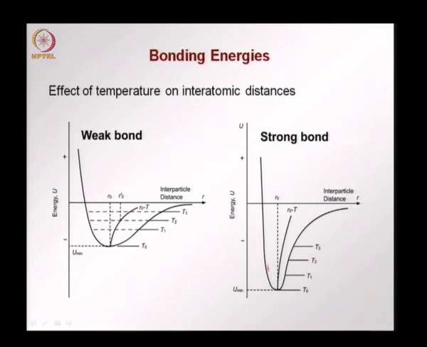The well is almost symmetric, and therefore, when you draw the average between this distance, you find that initially it is very little, and only very high temperatures can cause a larger deviation of the interparticle distance from R0. So, for the same change in temperature you have a smaller variation of the average interparticle distance from R0. So, in a strongly bonded material the thermal expansion is less than in a weakly bonded material.